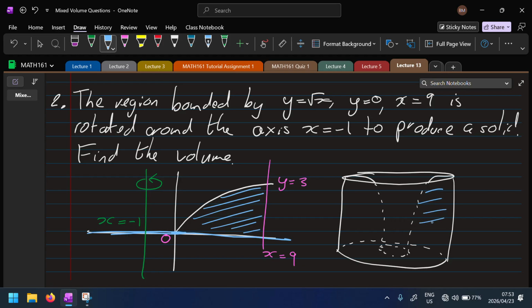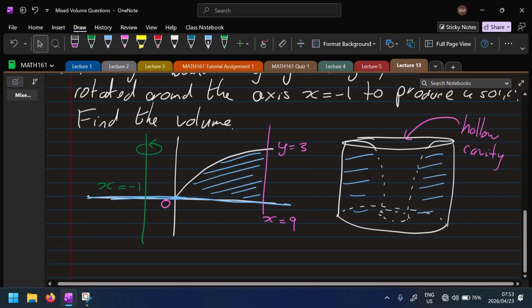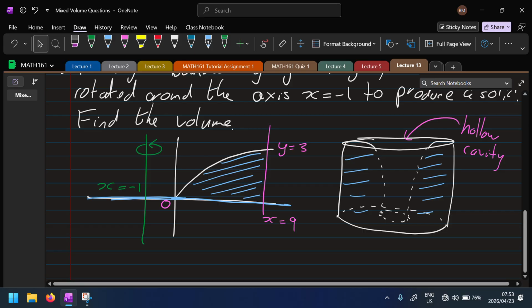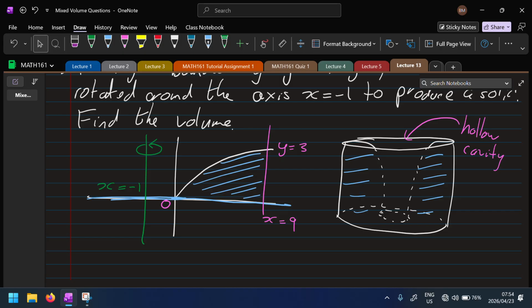Okay, so here, this is the solid walls of our shape. And then inside there, that's a hollow cavity. Okay, and it goes through like that. Okay, everyone able to visualize this? Good.